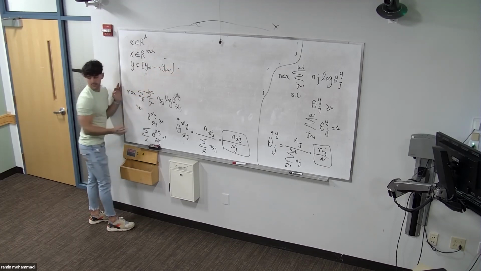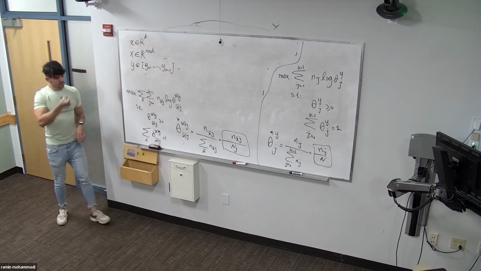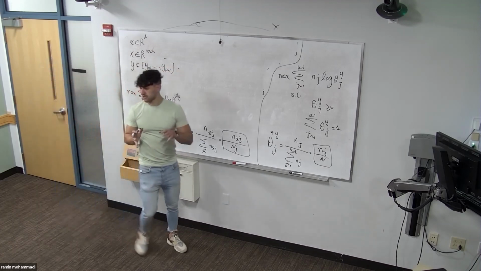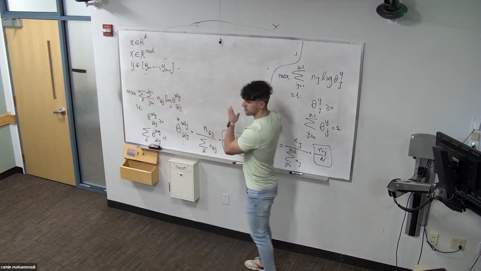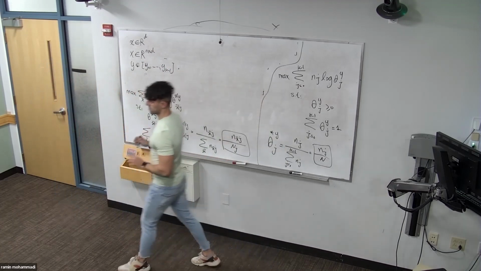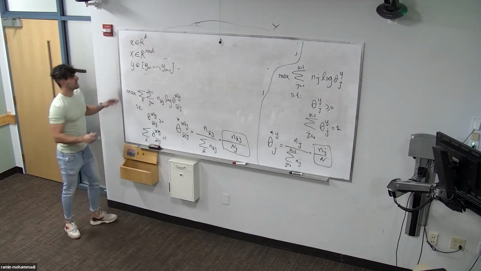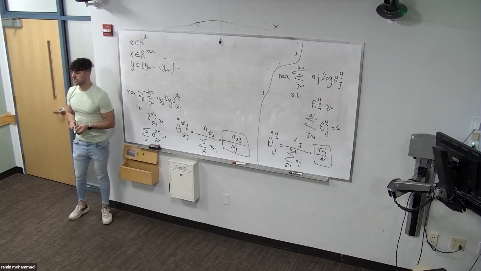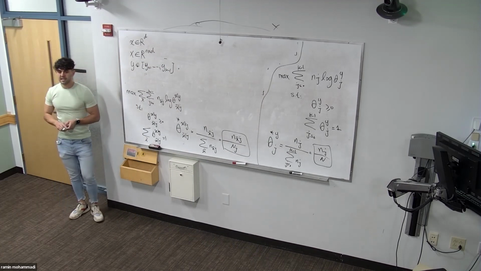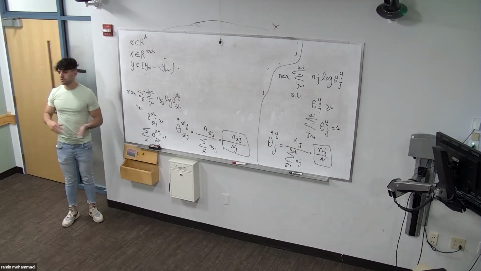We are looking at the discrete scenario, not the continuous one. So let's say each dimension, each column, can get m unique values.